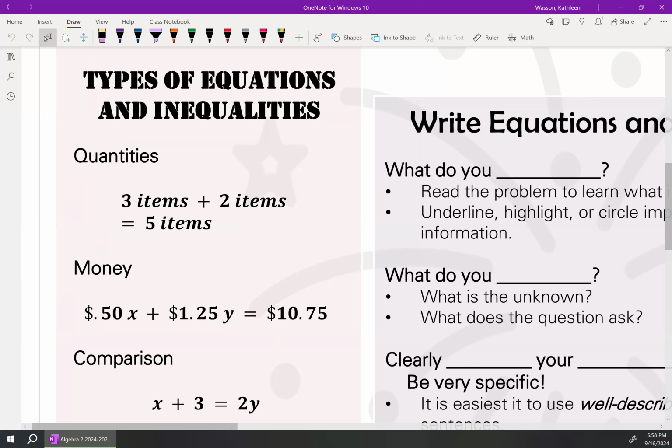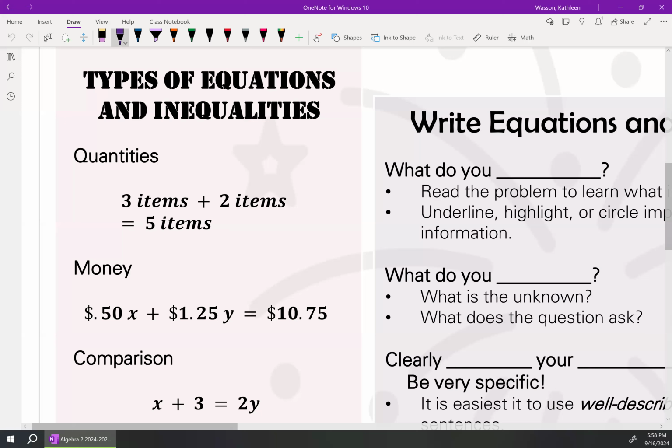If you have a money equation, you could incorporate the dollar amount with whatever your variables represent. So let's say I have sodas and they cost 50 cents. And then, so X represents the number of sodas.